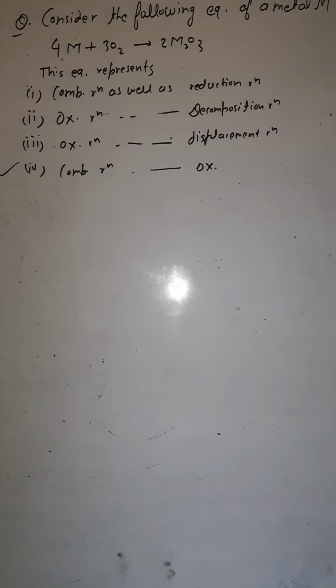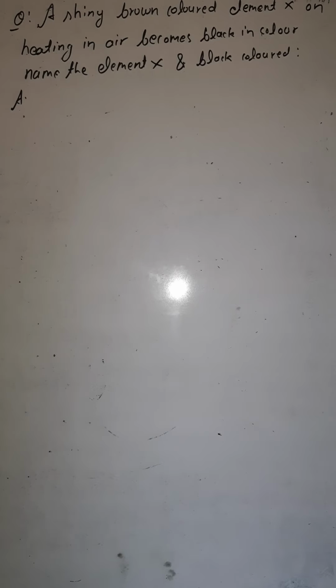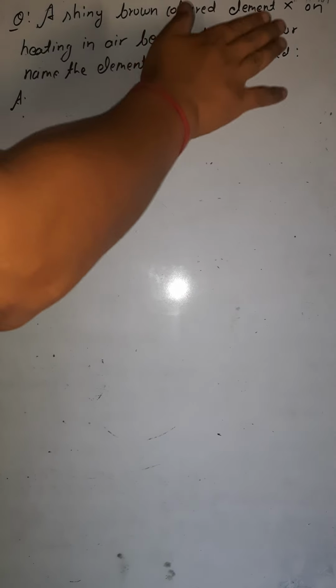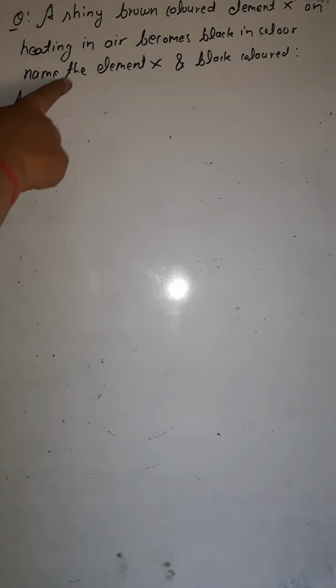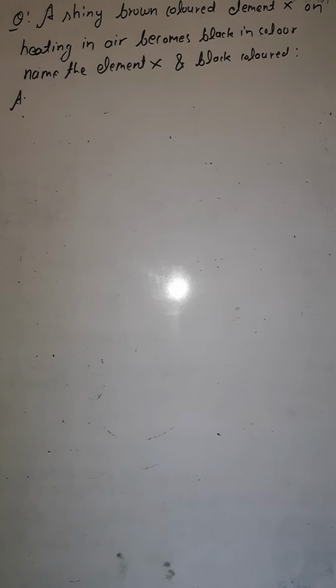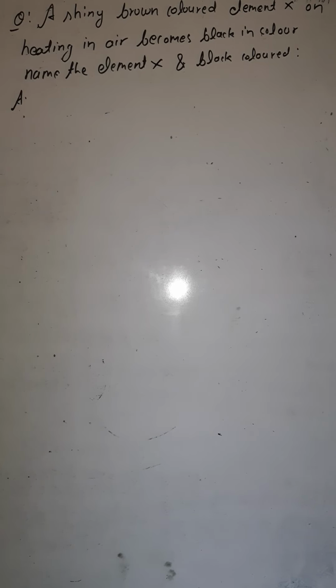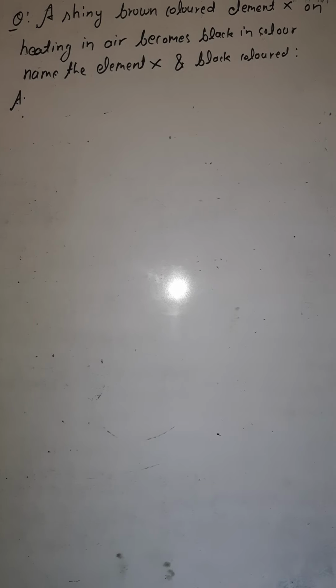Okay, now we would be doing the next question. First you note it down, if you have noted the previous question down. Now the second question you can see on the board here. The question is, a shiny brown colored element X on heating in air becomes black in color. Name the element X and the black colored substance. Now you have to tell me, as you might be knowing the colors of different metals.